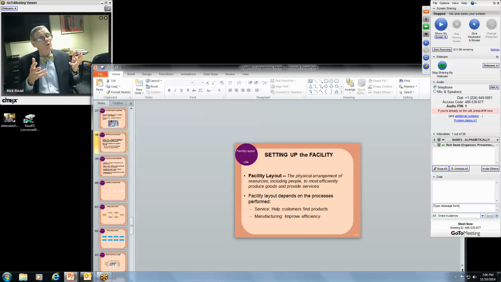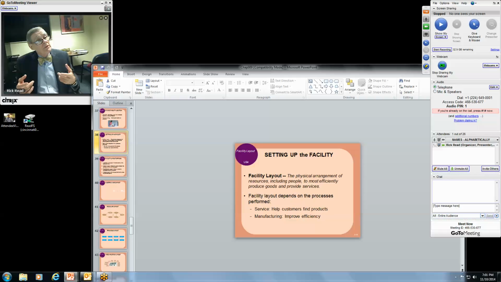And when people are working at peak efficiency, they're more effective and they don't get tired as quickly. When you're doing things that are not job related, it causes your mind to wander and it's hard to stay on task. That's what you want to avoid.